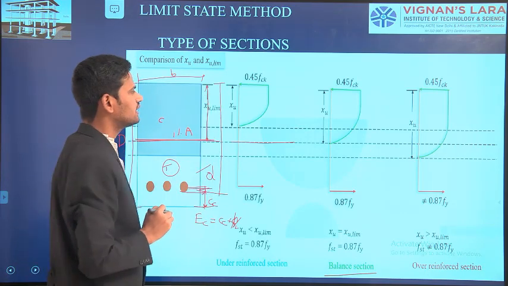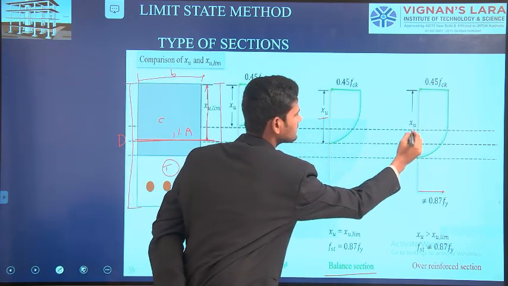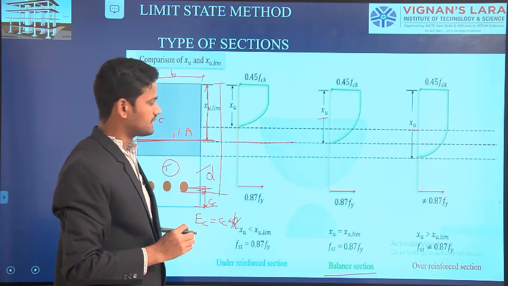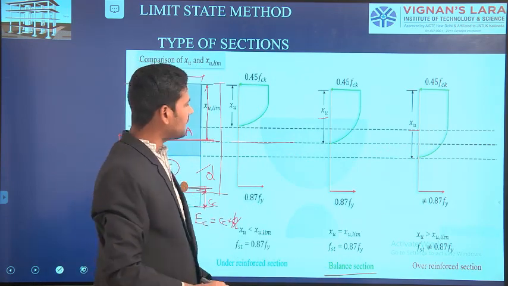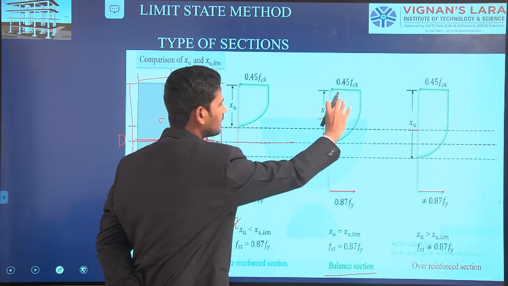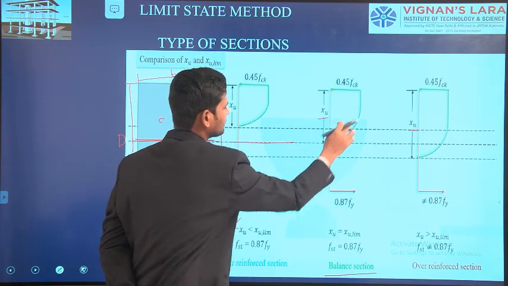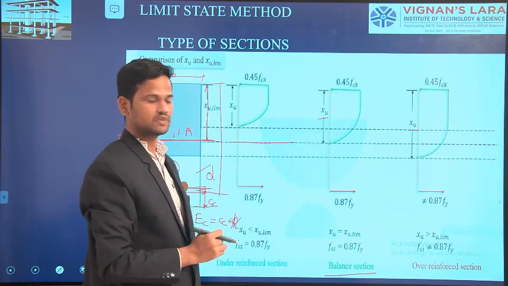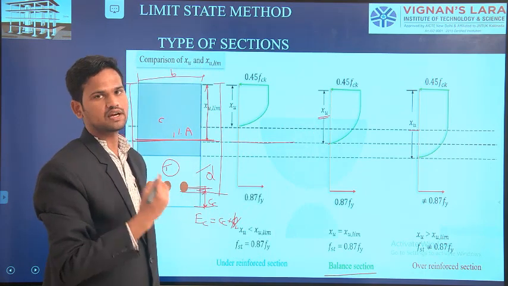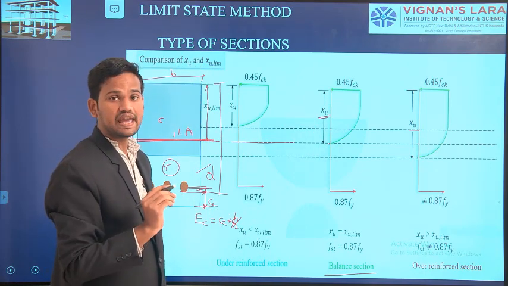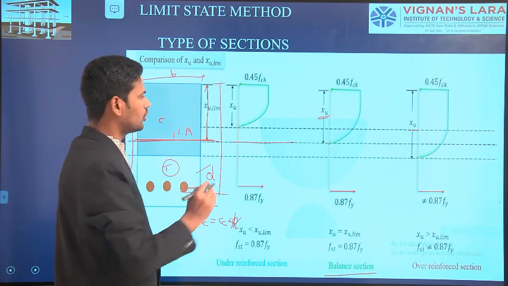Here this is the XU limit, and this is the XU, as well as this is also one type of XU. In the balanced section, we have the stress block from the top of the compression fiber up to this depth, where XU is called the actual depth of the neutral axis.